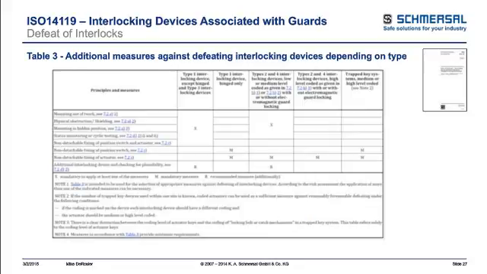You can see the title, Additional Measures Against Defeating Interlock Devices. When you look at the table, you look at the type of device: a Type 1 locking hinge device, Type 2, Type 4, Type 3, trap keys. Here you can see what is mandatory and what are recommended measures on the chart.